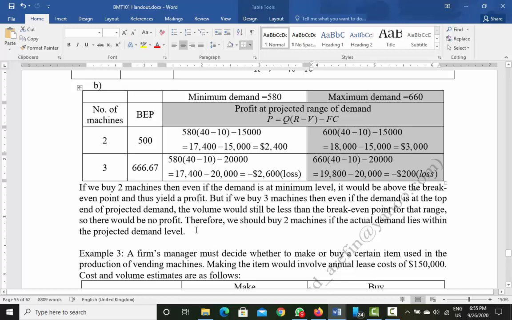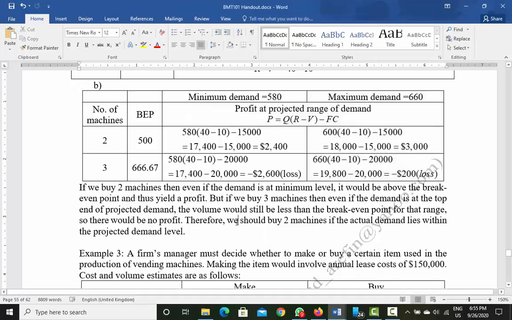If the manager buys 3 machines, he will always end up in loss. So it's not a good choice. Therefore we should buy 2 machines if the actual demand lies within the projected demand level.